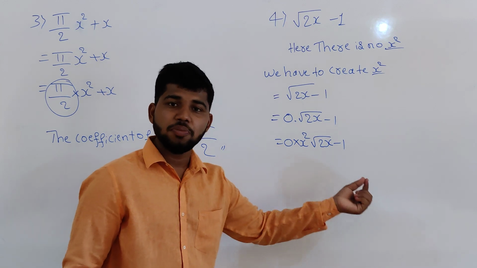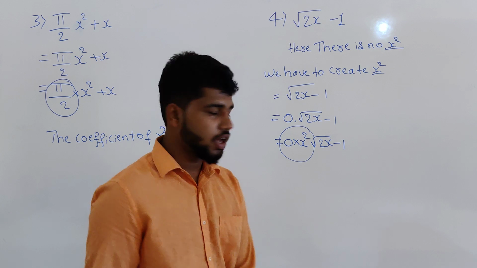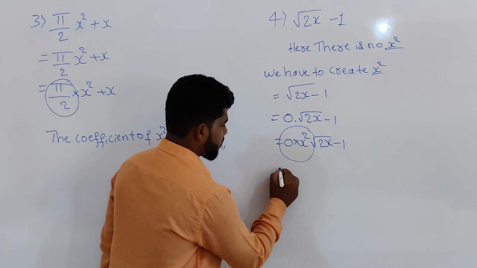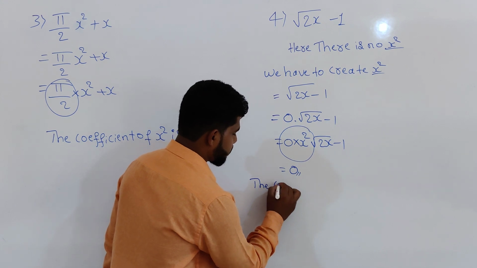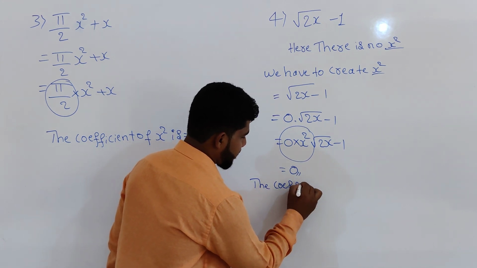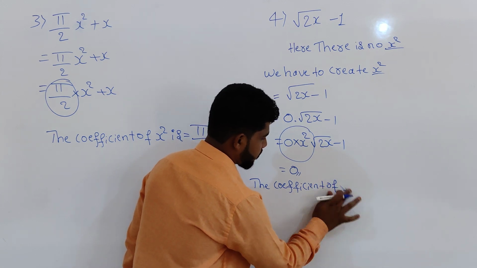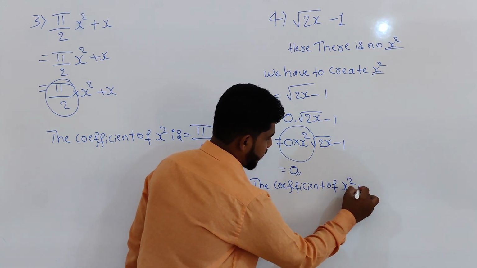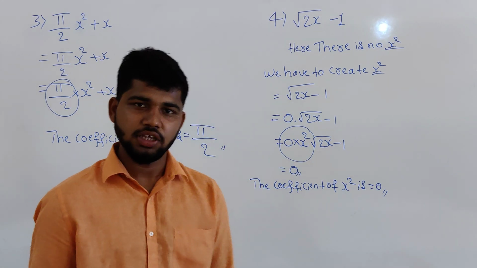What is the coefficient of x square? It is also one term. What is the coefficient of x square? 0 is the coefficient of x square. The coefficient of x square is 0.